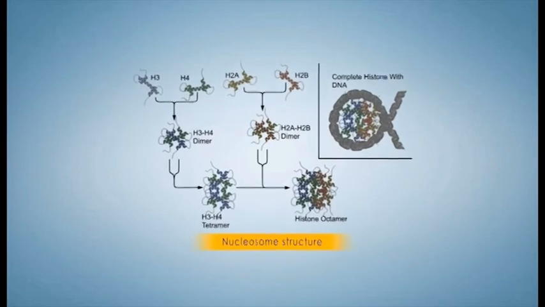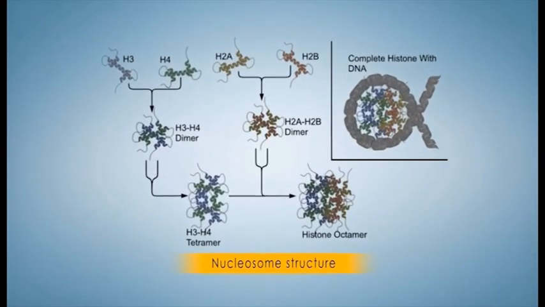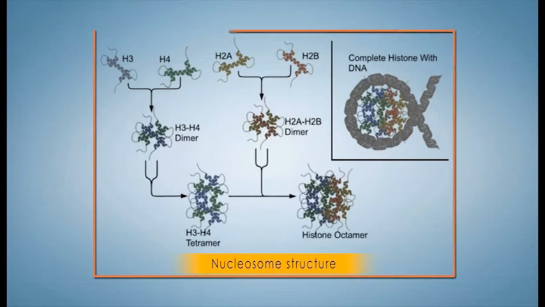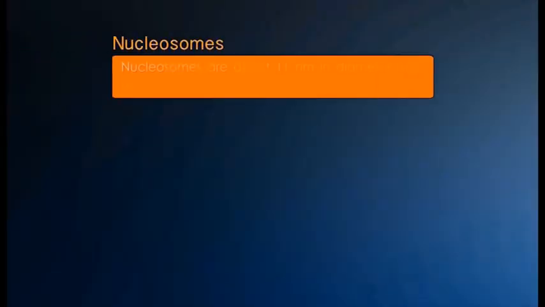The chromatin of interphase nucleus resembles beads on a string, where the string is formed by a thin linker DNA connecting the bead-like structures called nucleosomes. Let us take up nucleosomes.